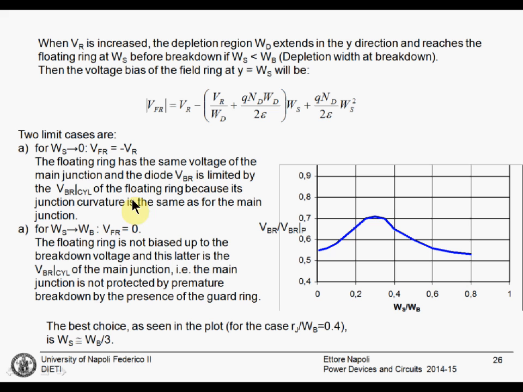Second case, the distance of the floating ring is large, and tends to be equal to the thickness of the depletion region at breakdown. WS is equal to WB. In this case, the floating ring voltage is 0. It's not biased at all.